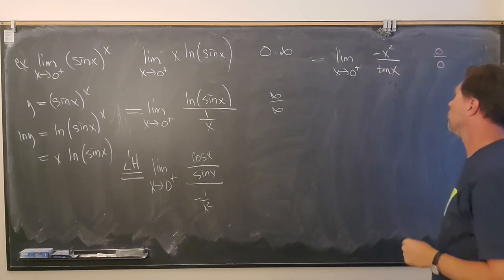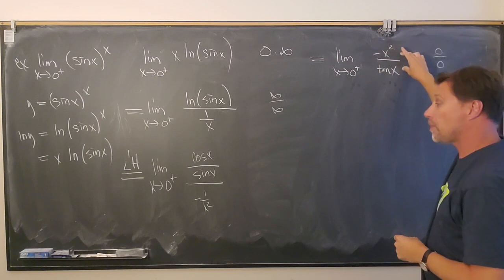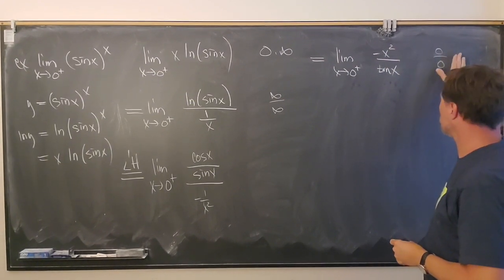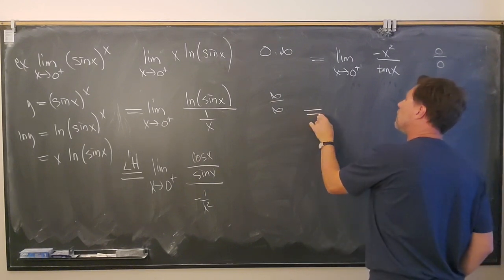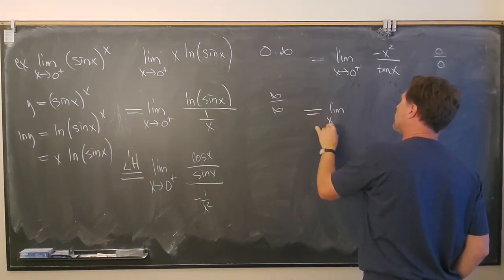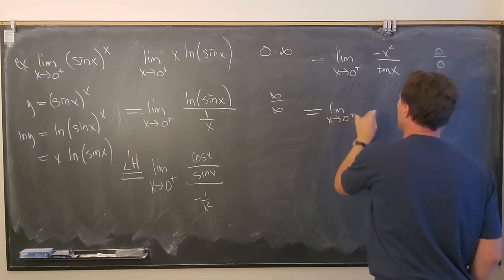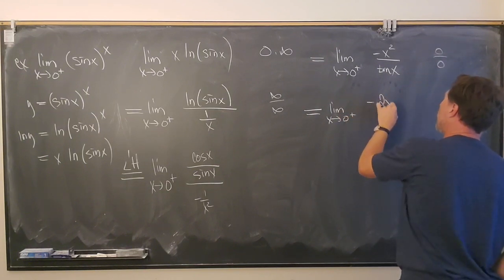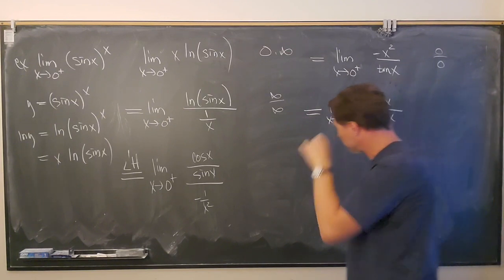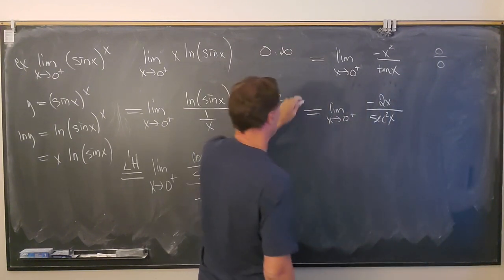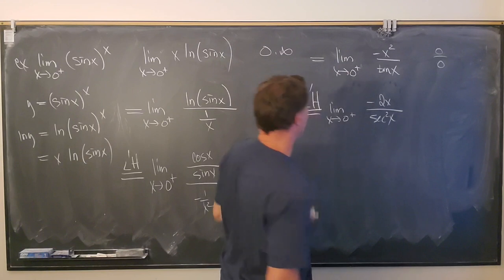Well, this is a 0 over 0, right? As x approaches 0, both the top and the bottom are approaching 0. So we have an indeterminate form. That means that we can apply L'Hopital's rule again. So this is the limit as x goes to 0 from the positive side of negative 2x divided by secant squared x. Okay, so let me put a little LH there. I applied L'Hopital's rule.